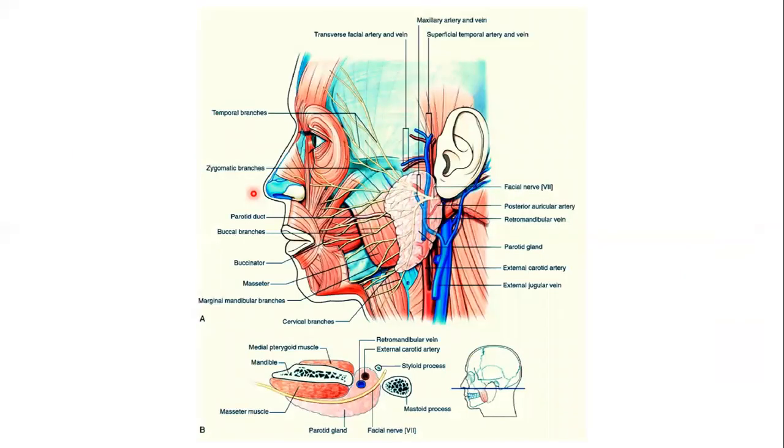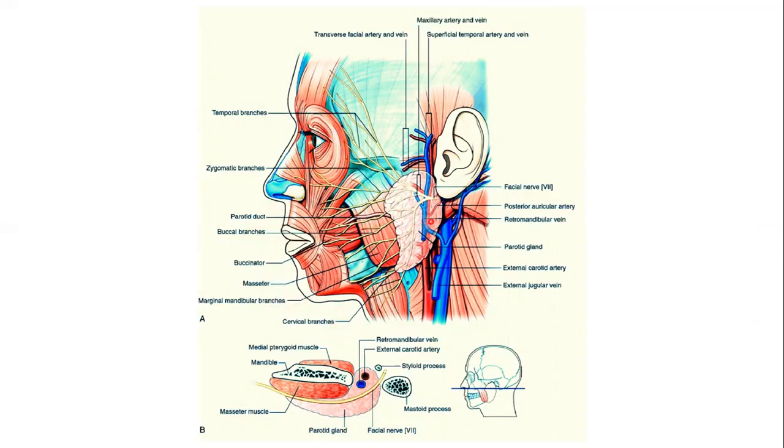So you see, first of all, we discussed the arteries in relation to the parotid gland, right? The external carotid artery and its various branches, and the formation of the retromandibular vein and its division into anterior and posterior branches. And thirdly, the facial nerve plexus within it, forming these branches: temporal, zygomatic, buccal, marginal mandibular and cervical.